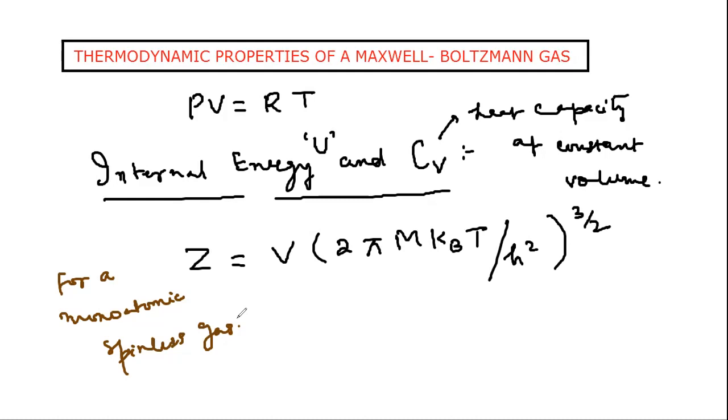Another thing I need to refresh your memory. We know that U, that is internal energy of the gas, we write as summation over j of N_j epsilon_j.